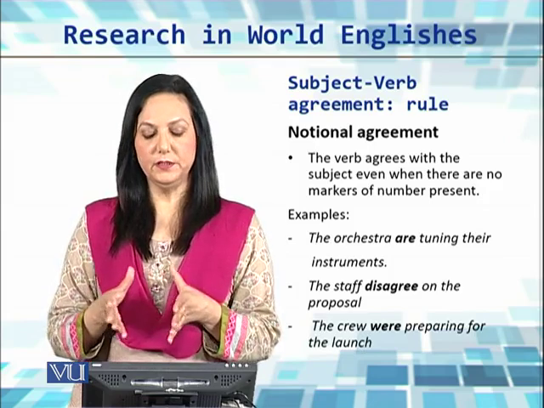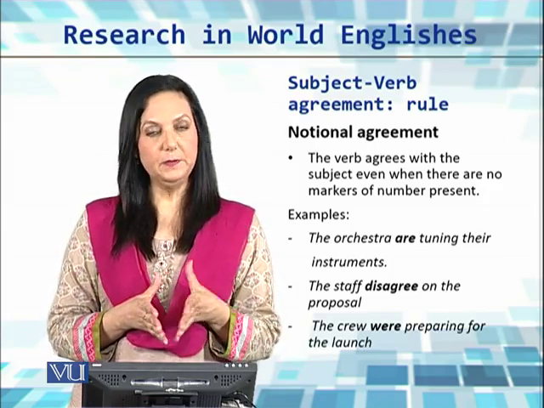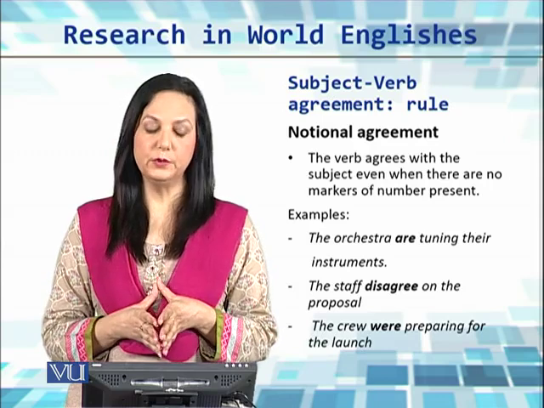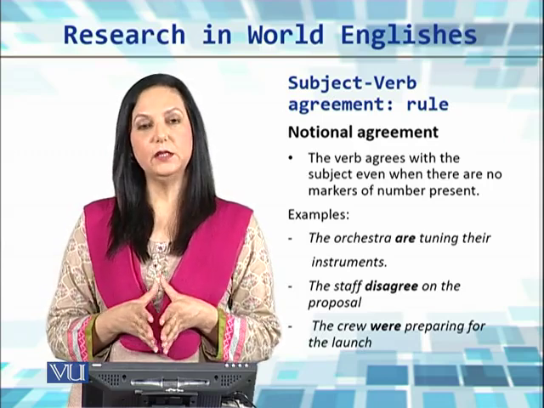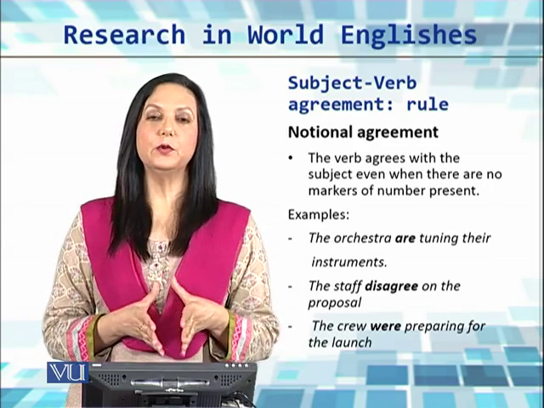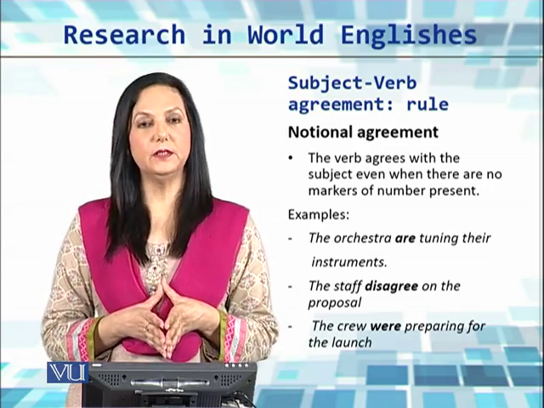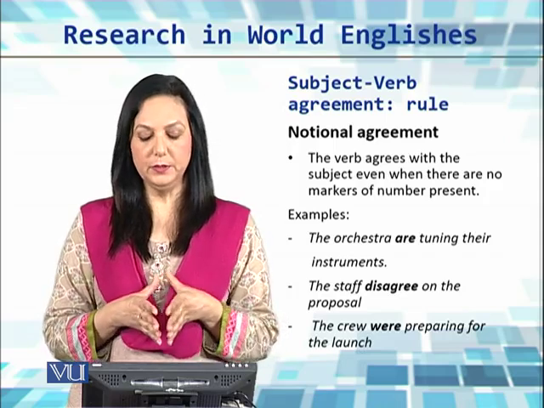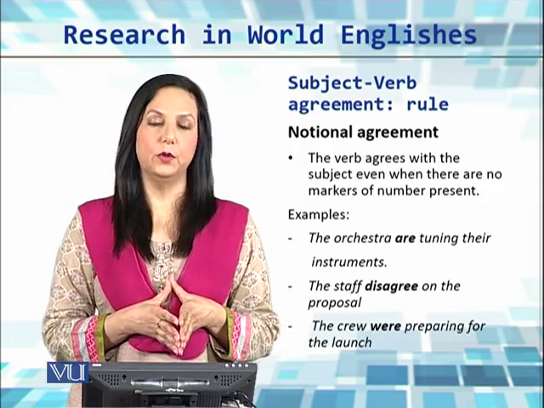So the orchestra are tuning their instruments. Similarly, staff is a collective noun, therefore it will also take a plural verb. The staff disagree on the proposal. The same goes for the word crew, which again comprises different individuals. So the crew were preparing for the launch.